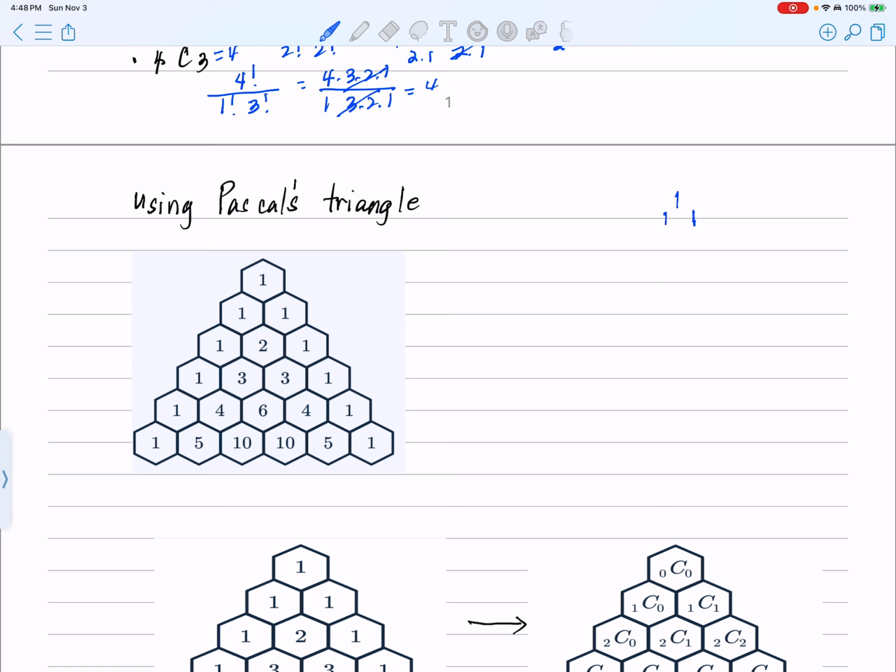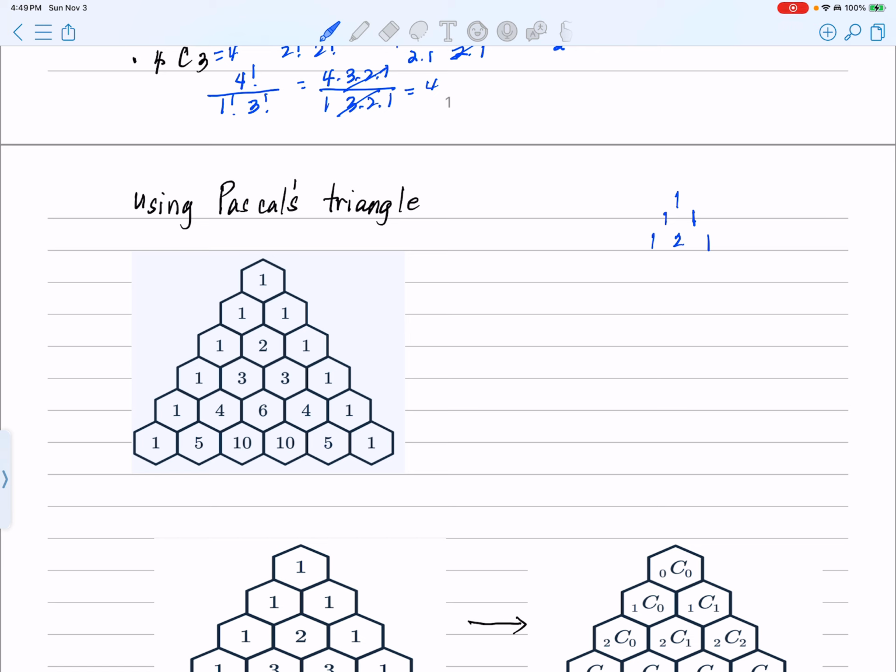For the next row, that's the third row, we begin and end with 1, but we find the middle number by adding the two numbers above. So I begin with 1, add 1 plus 1, that is 2, and I end with 1. Okay? Then do the steps as we move on.